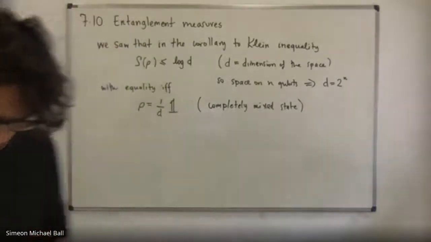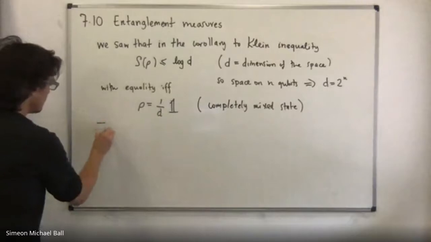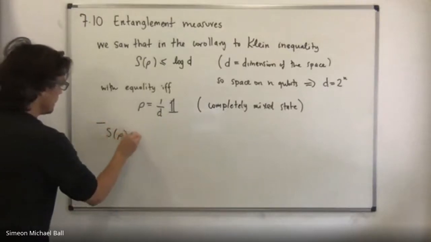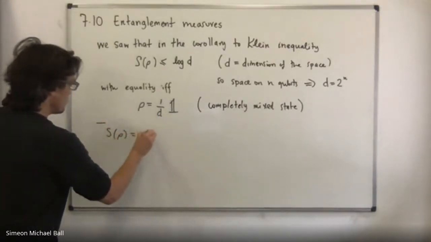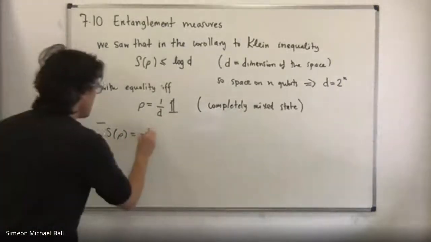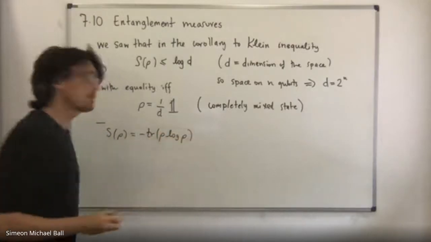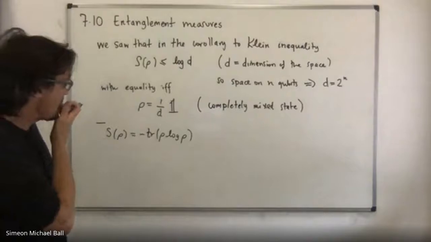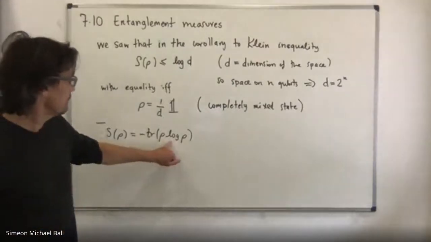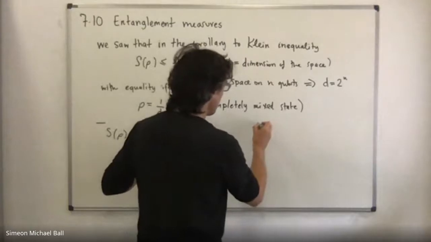So that's a lot of work, and we can try approximating. This one was minus the trace of rho log rho. We could try approximating the entropy by using the Taylor expansion of log x. That works the same for matrices.